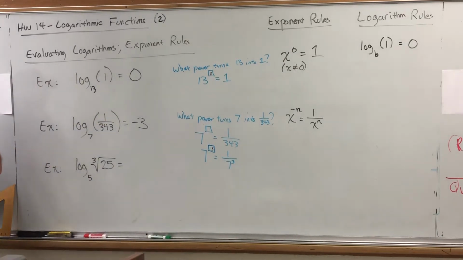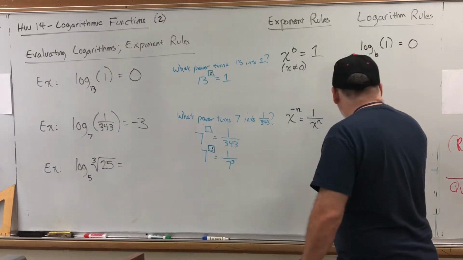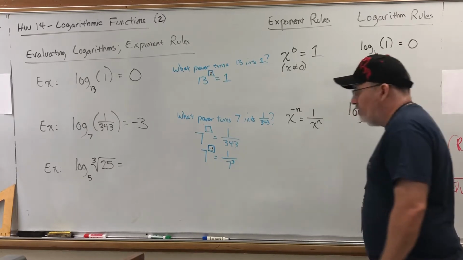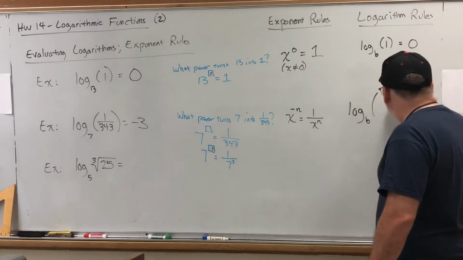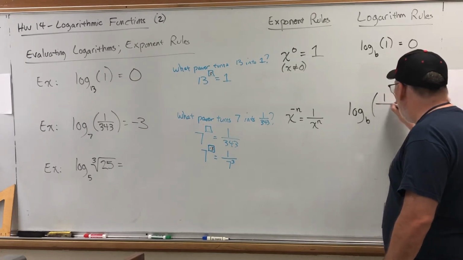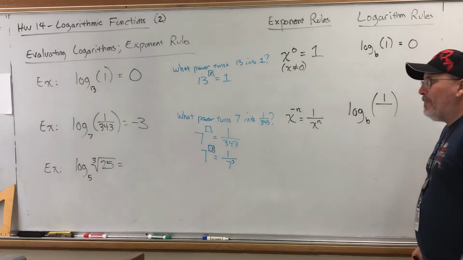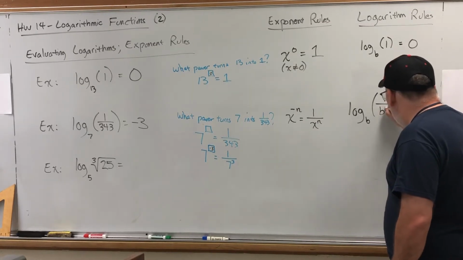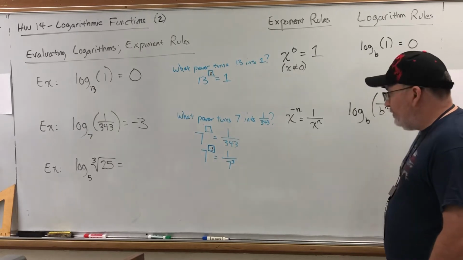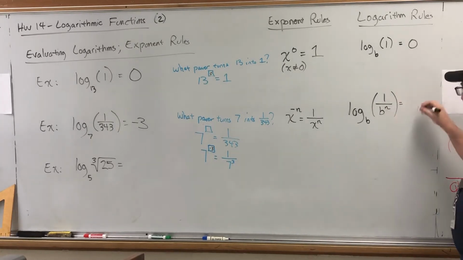So can we turn this into a logarithm rule? Sort of. Let's capture the structure of what made this work. We had some random base, and for our argument, we had a fraction that had 1 on the top. But what did we have on the bottom? We had a power of the base, so the base raised to some power n. And so what exponent would you put on this base to get this expression?